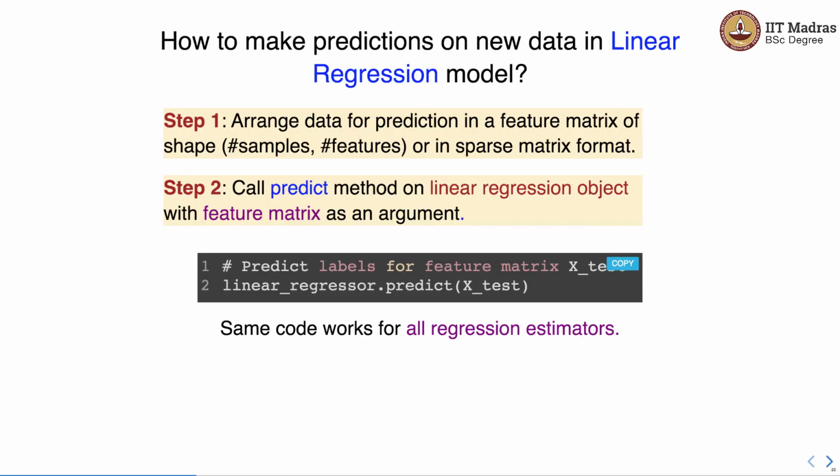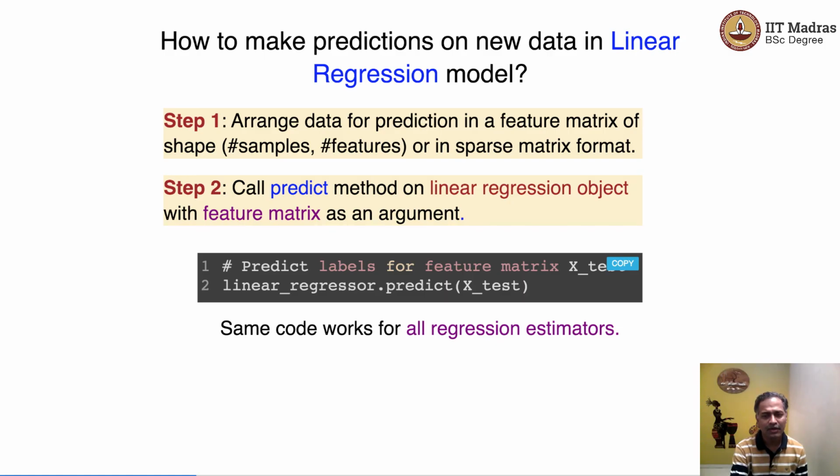So in this video, we studied how to train a linear regression model with the normal equation and iterative optimization. We use the LinearRegression class for solving linear regression problems with the normal equation method, and we use the SGDRegressor class for solving linear regression problems with the iterative optimization method. We studied the SGDRegressor class in detail and looked at various parameters that it provides for us to tune the optimization process.